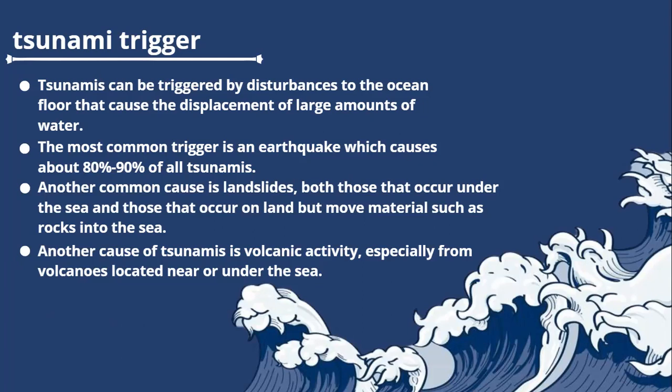However, not all such earthquakes cause tsunamis. Usually only earthquakes with magnitude about 7 have the potential. The stronger the earthquake, the greater the chance of a tsunami being caused by it.